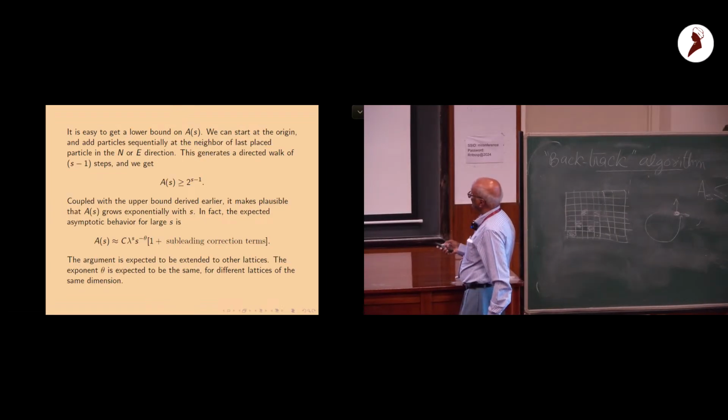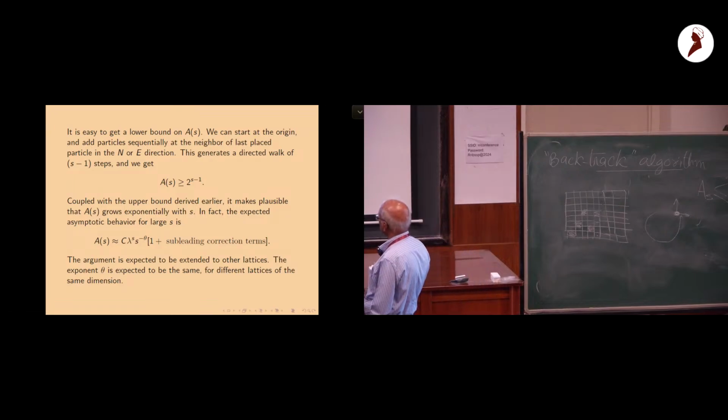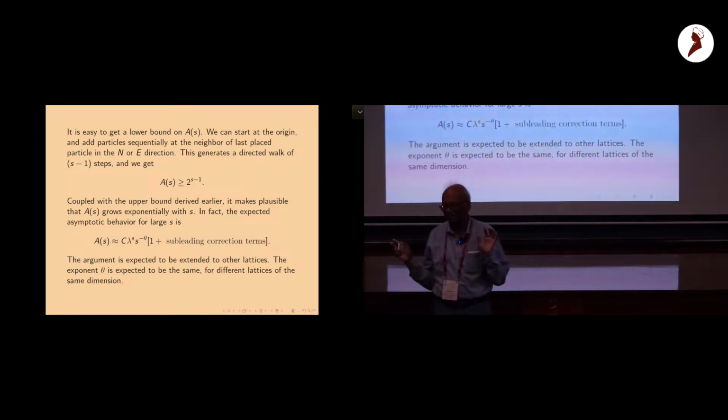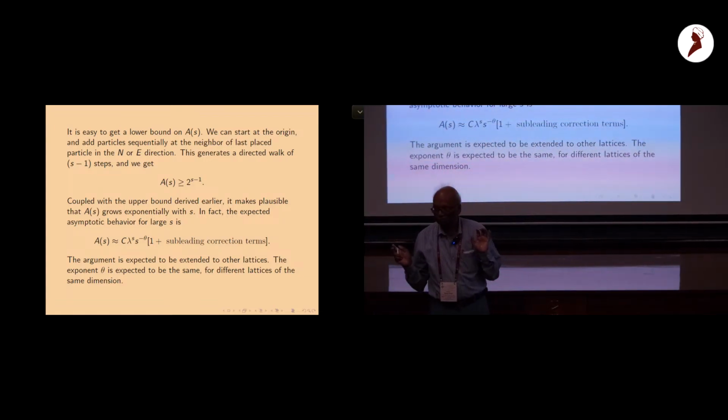Sorry. Yeah. What is the theta value? No, so very good. So it turns out we have shown by this argument that AS can grow at most exponentially and at least exponentially. So the guess is that it actually grows exponentially unless it does very wild oscillations, which actually doesn't happen. Okay? So it grows exponentially.